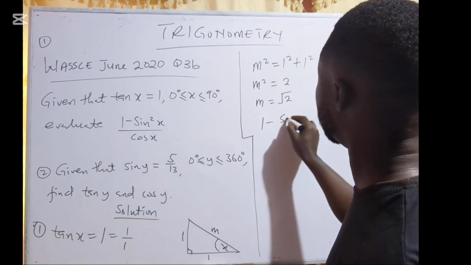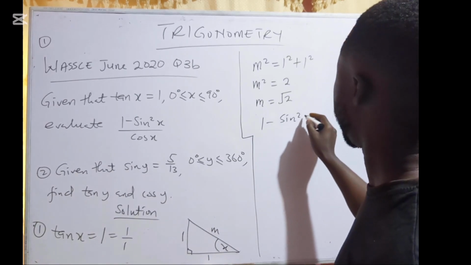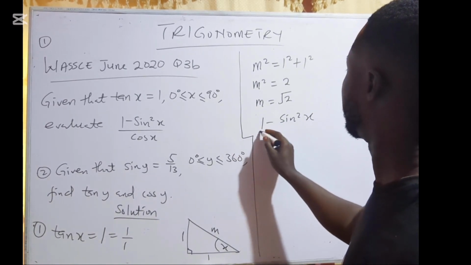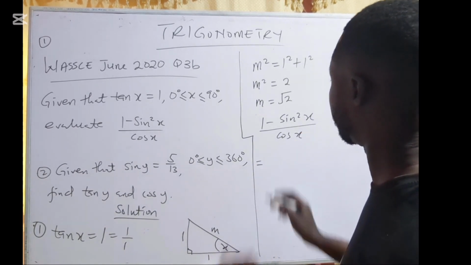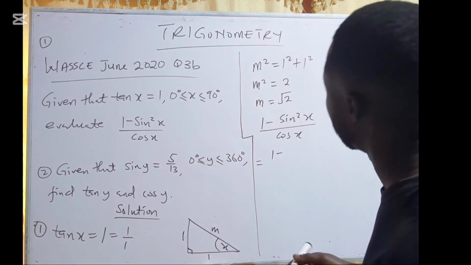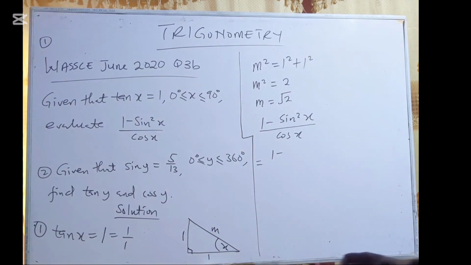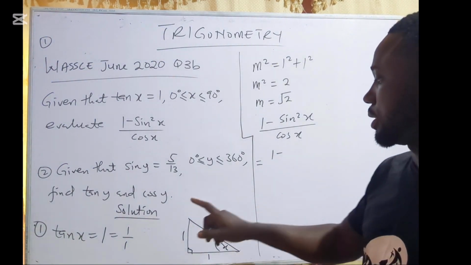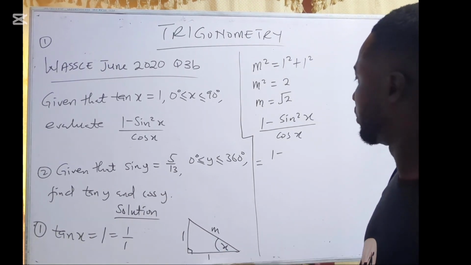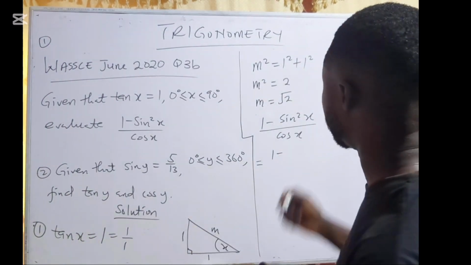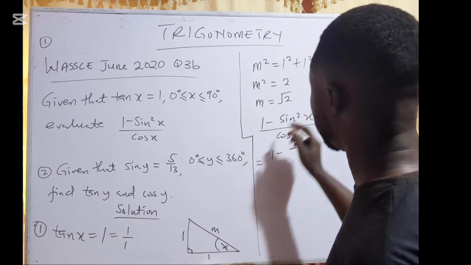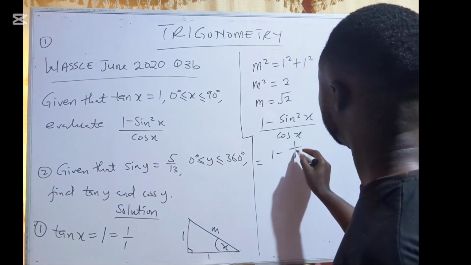And I'm supposed to evaluate 1 minus sine squared x, all divided by cos x. So I have 1 minus, what is sine? Sine is opposite over hypotenuse. My opposite is 1, my hypotenuse is m, root 2.